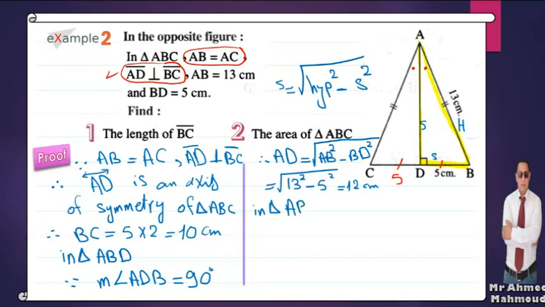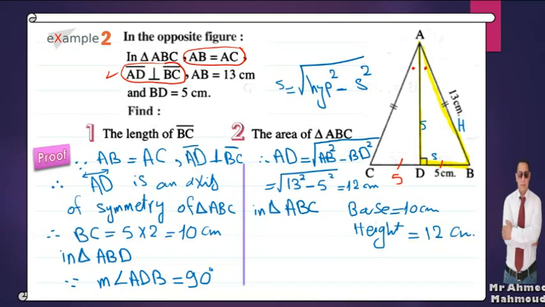Okay, in triangle ABC, the base BC equals 10 centimeters, and the height, which is AD, equals 12 centimeters.